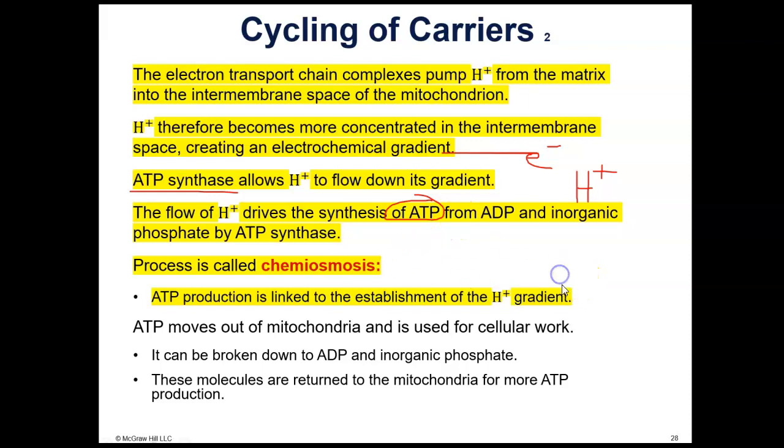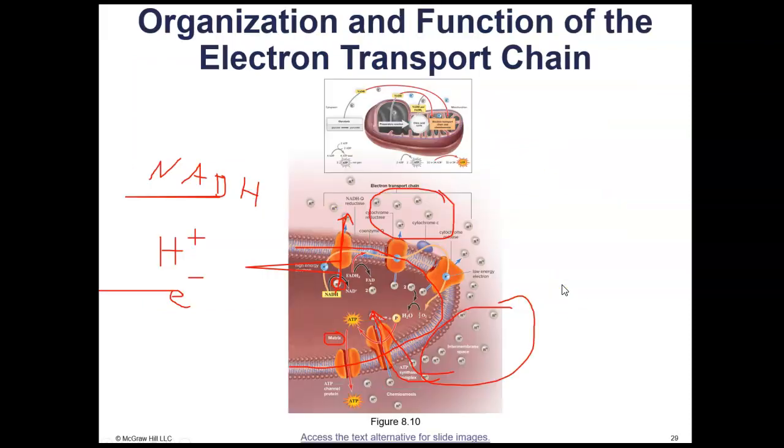So really, the best way to understand it is to take this picture and just talk through it, be able to explain it to someone else. Here you've got this orange molecule here. Okay, so electrons are passed from here to here to here to here. That flow of electrons is what gives the energy to pump hydrogen out.